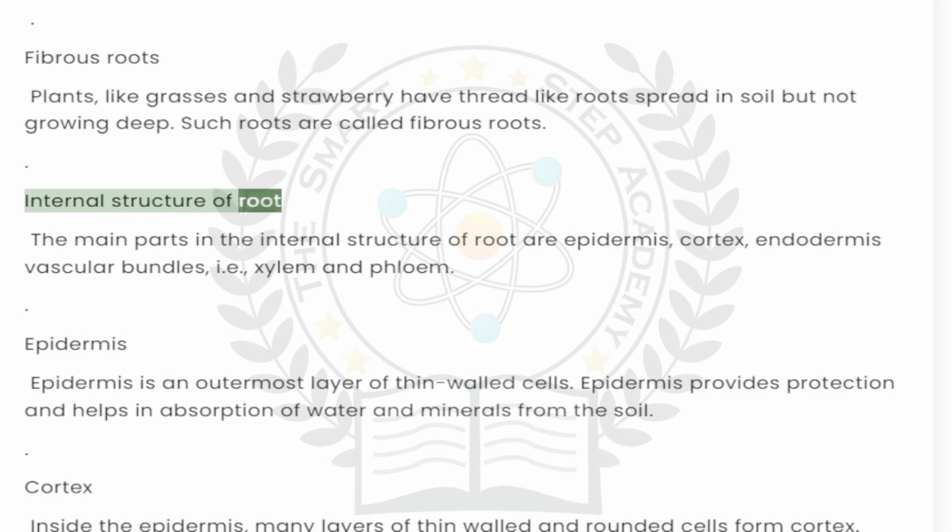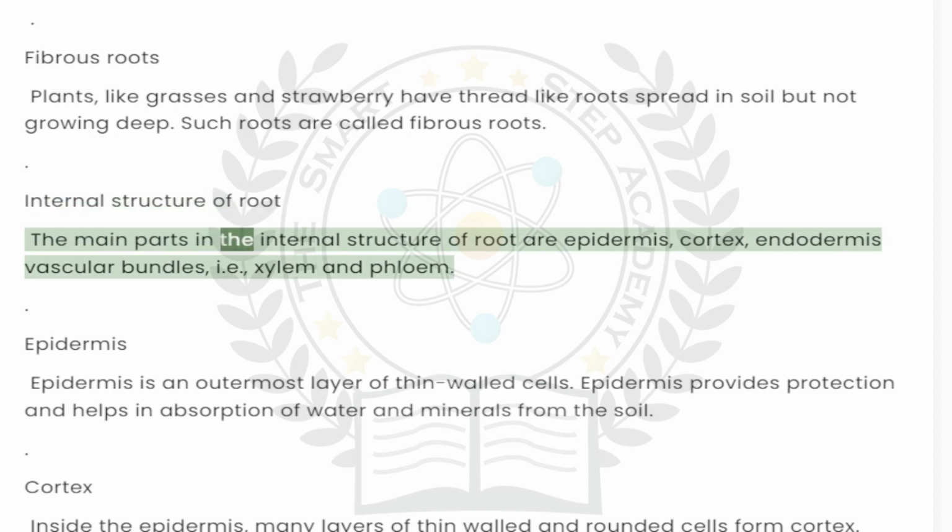Internal structure of root. The main parts in the internal structure of root are epidermis, cortex, endodermis, vascular bundles, i.e., xylem and phloem.